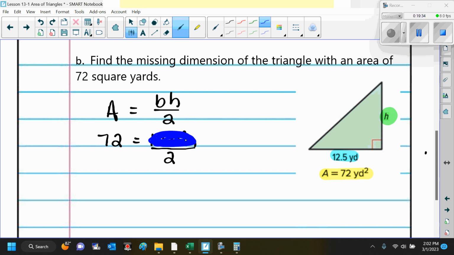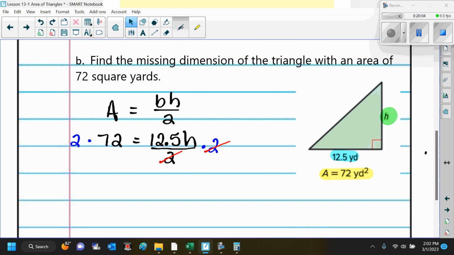So in order to get that blue blob by itself, I want to get rid of that 2, right? So that says blue blob divided by 2, right? So if I want to get rid of the 2, that means we're going to multiply times 2 on both sides. Okay? So this 2 and this 2 cancels out, and now that blue blob is all by itself.